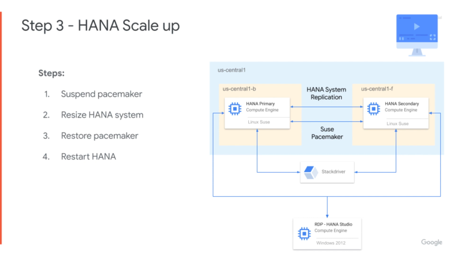What we would like to do is to make sure that we have our system scale up. So first of all, we will suspend Pacemaker on the primary HANA. We will resize the HANA system. We will restore the Pacemaker, and we will restart HANA.